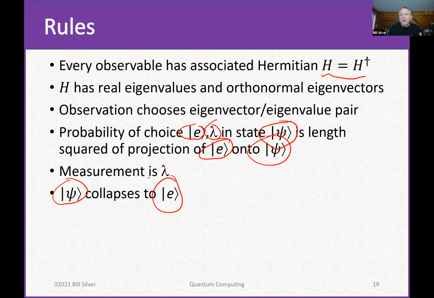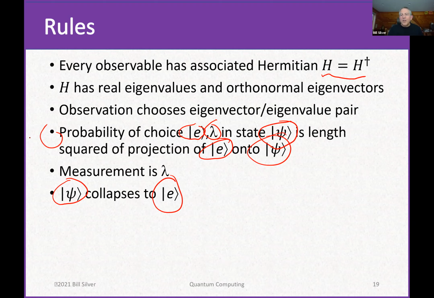One of those eigenvectors is chosen randomly based upon this probability formula over here. The measurement that you get is the eigenvalue, and the state collapses to one of the eigenvectors.